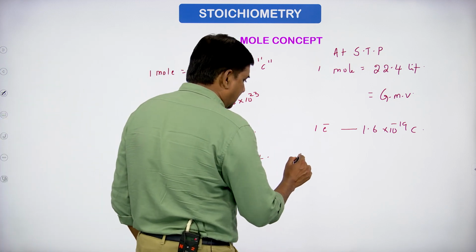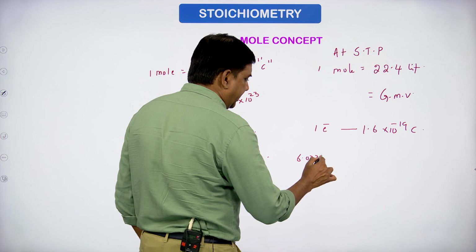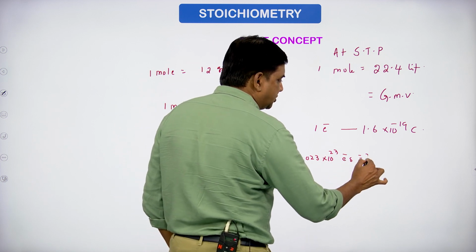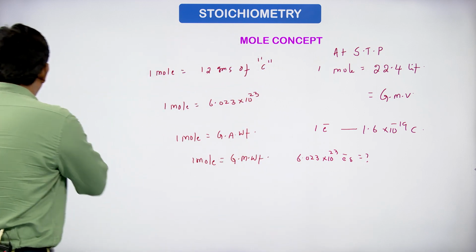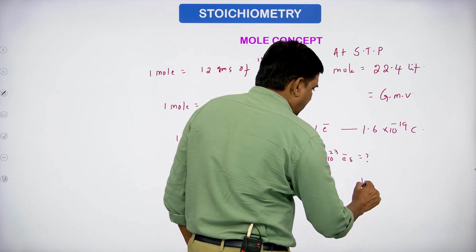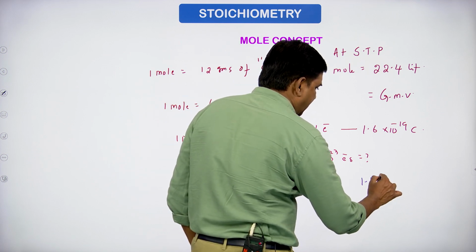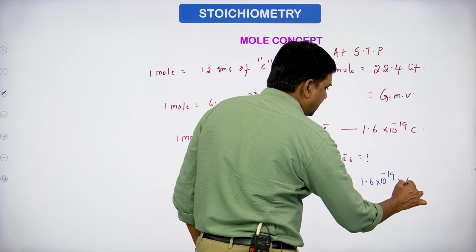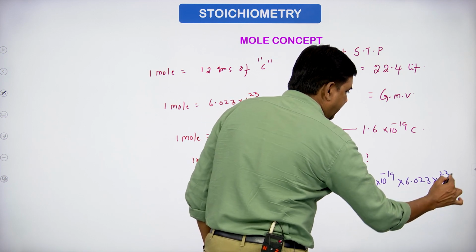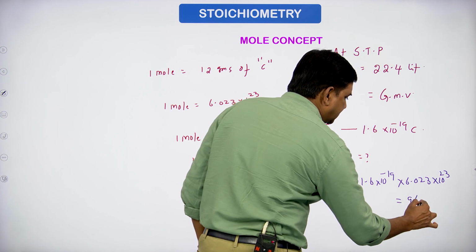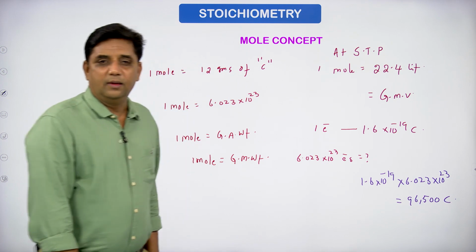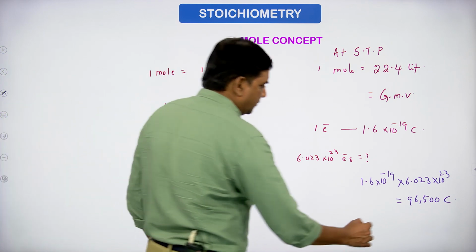So 1 mole of electrons, that means 6.023 into 10 power 23 electrons, contains how much charge? 1.6 into 10 power minus 19 into 6.023 into 10 power 23 is equal to 96,500 coulombs, which is equal to 1 Faraday.